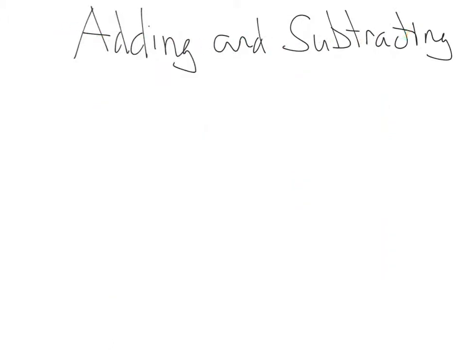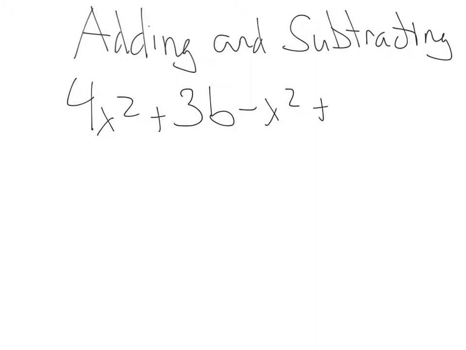Adding and subtracting like terms. If we have the algebraic expression 4x squared plus 3b minus x squared plus 6b, we can add and subtract the like terms, which would be 4x squared and negative x squared and 3b and 6b, and this is called combining them.